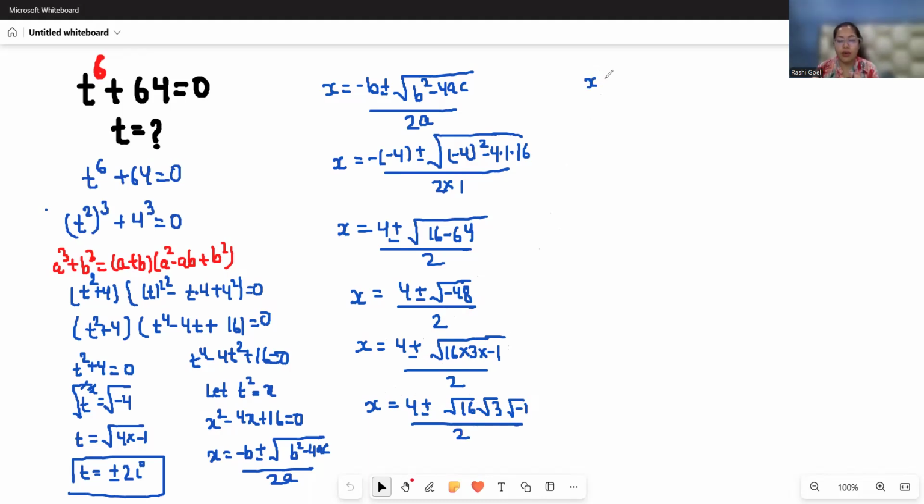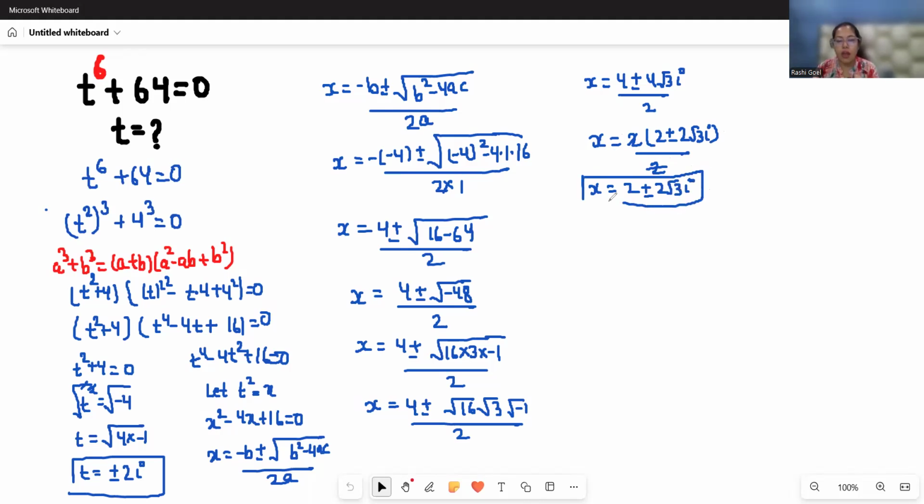So x = (4 ± 4√3 i) / 2. So this is a complex number. If I take 2 as common, 2 cancels out with the denominator. So x = 2 ± 2√3 i.